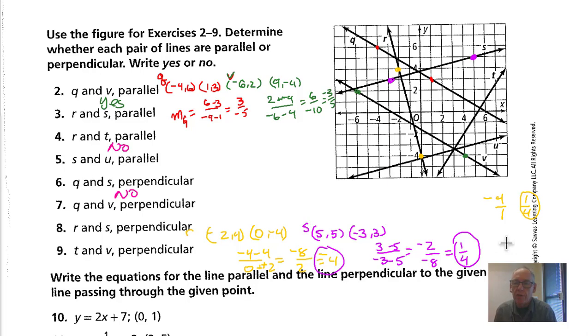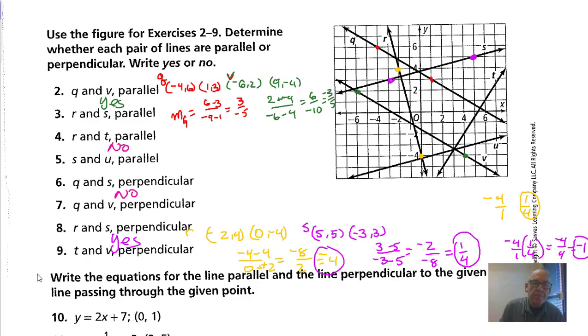If I was to multiply these together, negative 4 times 1/4, gotta put that over 1, we get negative 4 over 4, which simplifies to negative 1. So these are negative reciprocals. The reciprocal gives us the one part, the negative gives us the negative part. So these are going to be perpendicular. That's going to be a yes for that one.